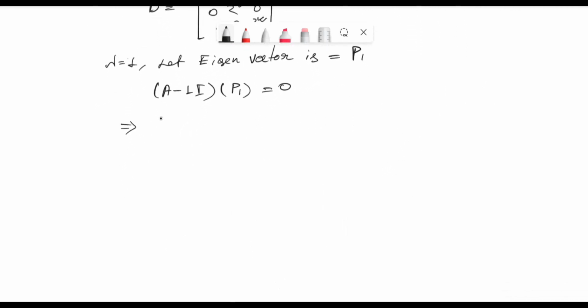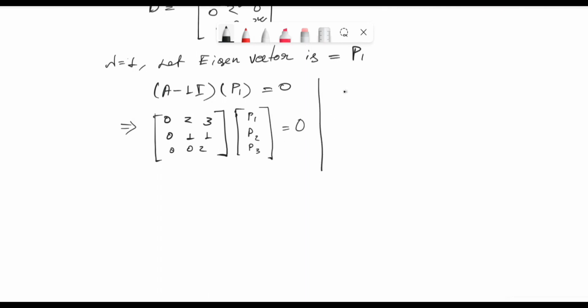So we have the matrix [0, 2, 3; 0, 1, 1; 0, 0, 2], and we write P1 as small p1, p2, p3, equal to 0.